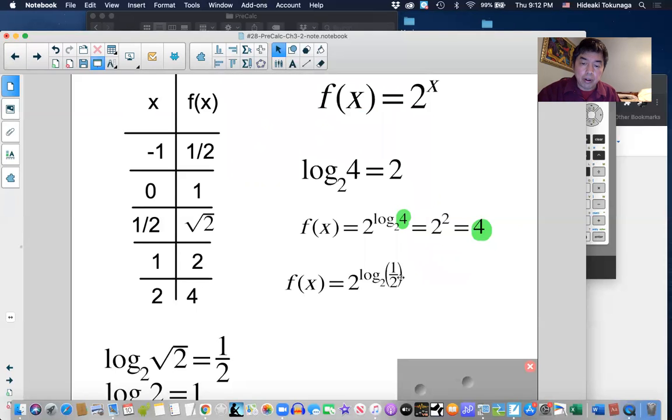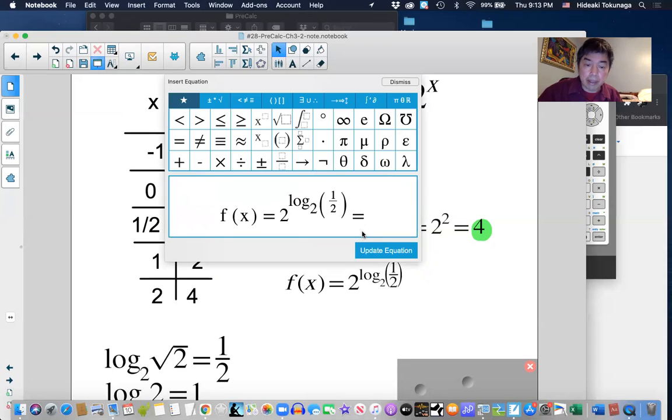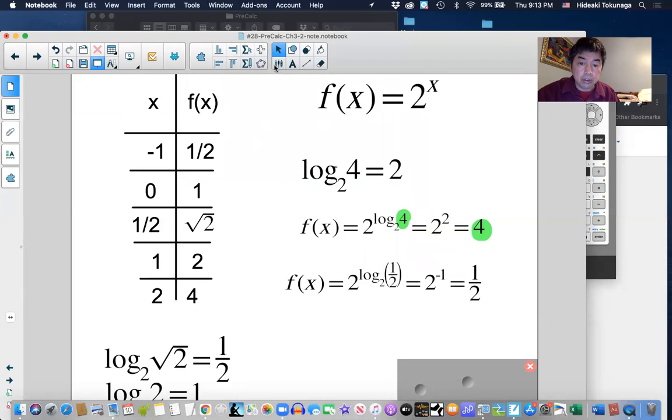This means the same as: equal sign, base is 2, exponent is negative first power. What is this? 2 to negative first power is a fraction, put 1 and 2 to the first power in the denominator. So let's compare with the green marker. This number appears as the last number in the log function. I hope you understand. This is not a proof, but this is the concept of the inverse property.